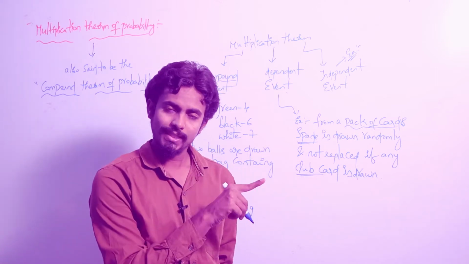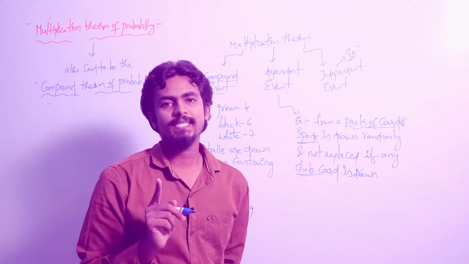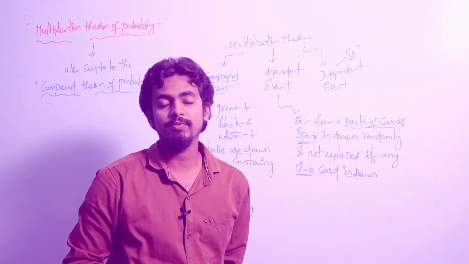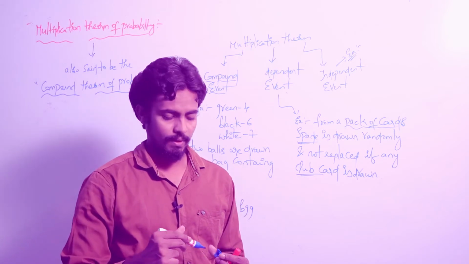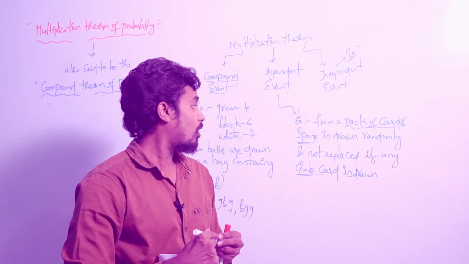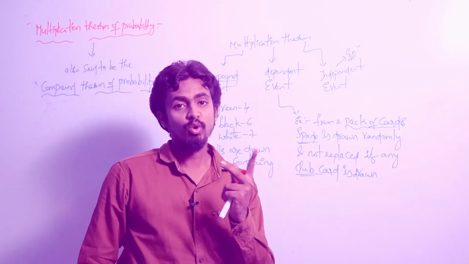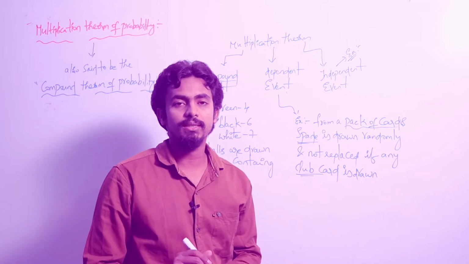Tossing a coin is one event and rolling a dice is a different event. Hence these are said to be independent events. There will be no dependency in those two events. Hence this is said to be the independent event.